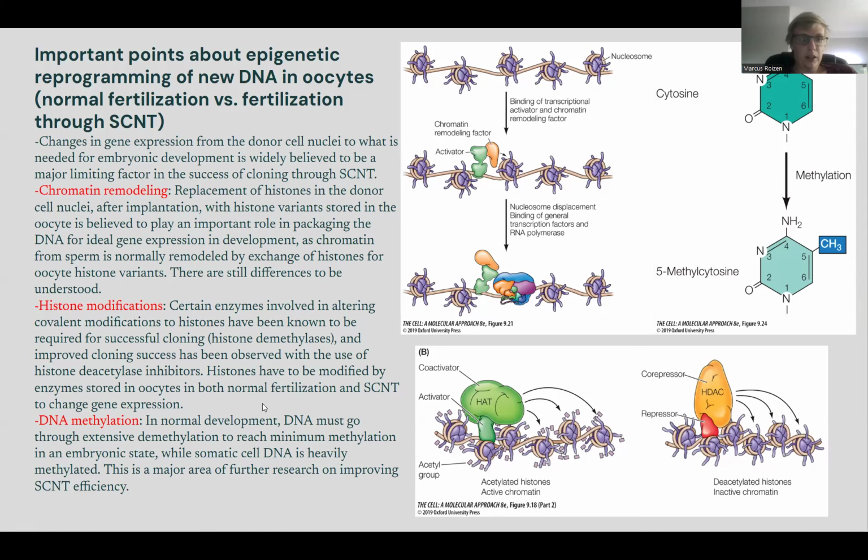And in normal development, DNA must go through extensive demethylation to reach minimum methylation in an embryonic stem cell state, while somatic cell DNA is heavily methylated. And this is a major area of further research on improving SCNT efficiency because it's elusive how much this matters in every case, and also what exactly goes on and what has to go on for completely successful cloning.